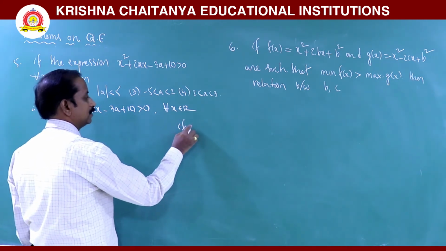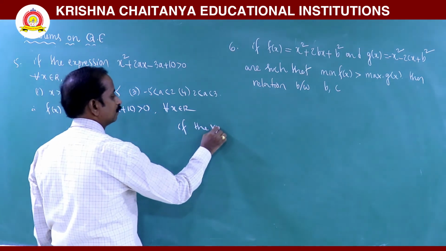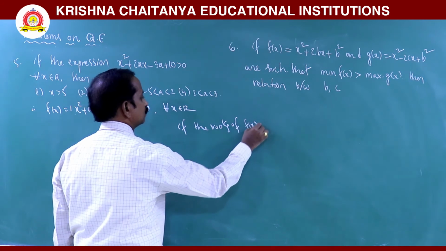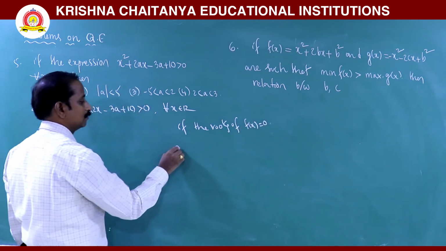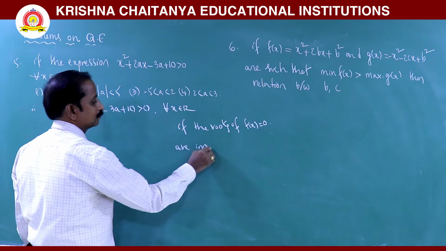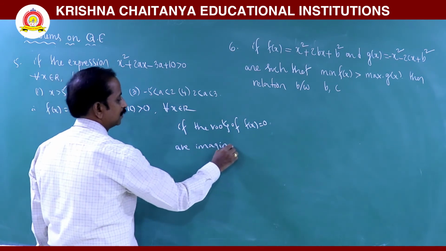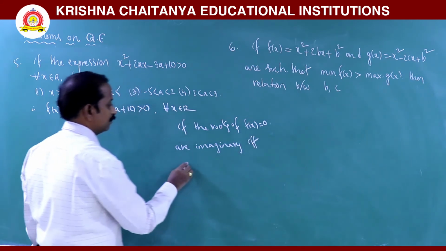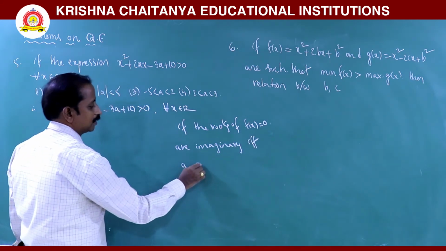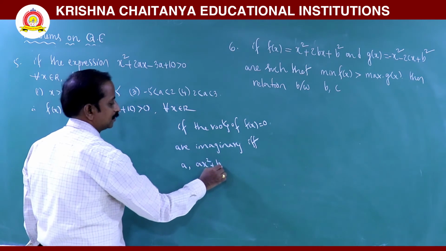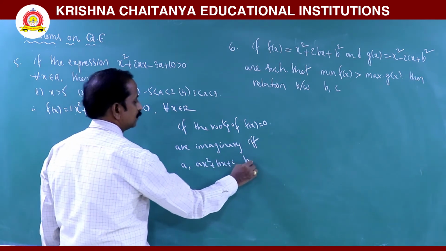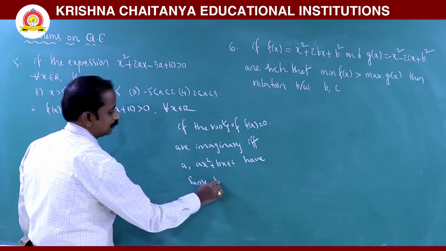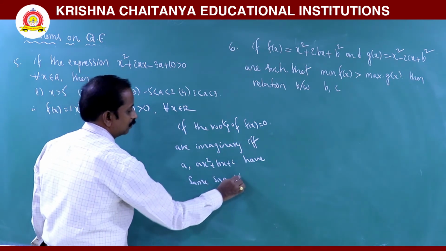If the roots of f of x equal to 0 are imaginary, if and only if a and ax square plus bx plus c have the same sign for all x belongs to R.